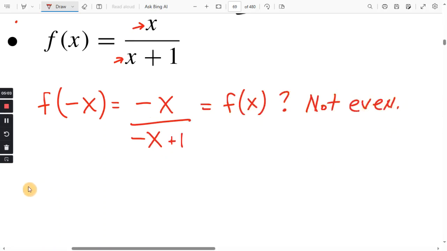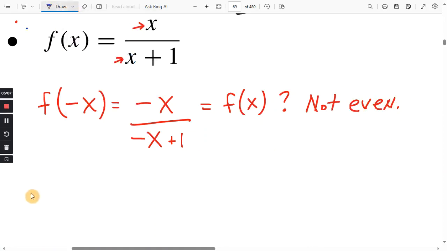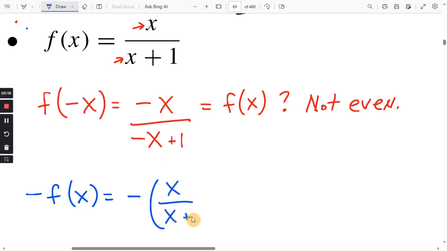All right, let's try in a different color here. The negative of the original, negative f of x. So we're going to take the negative of the original, x over x plus 1. So how would we distribute this negative? Well, you can just distribute it to the numerator.